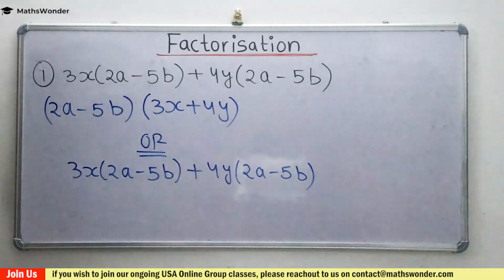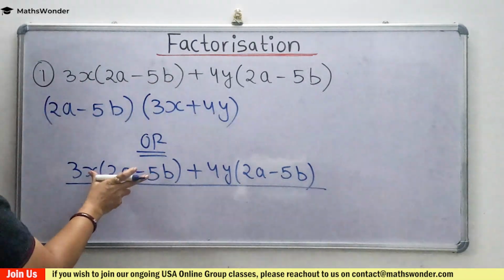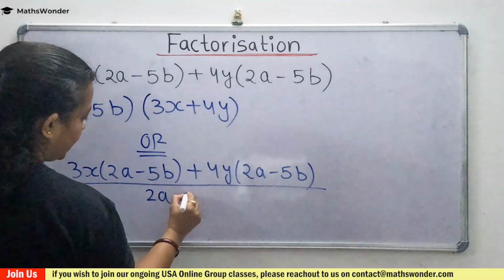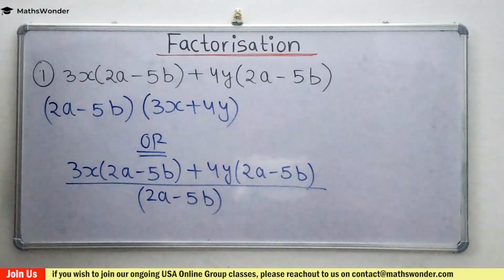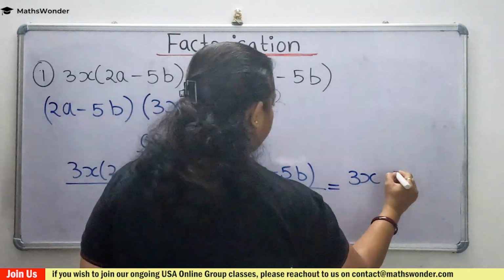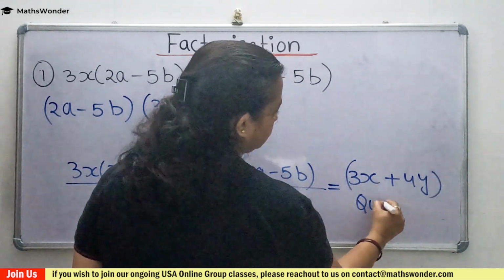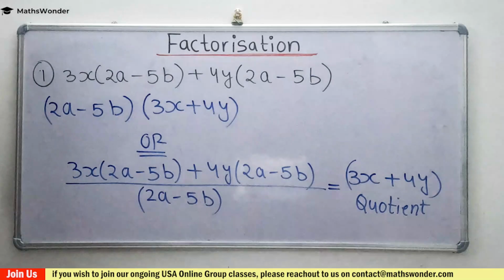So what is the common thing? 2a minus 5b you can see on this side, 2a minus 5b you can see on the other side. So you can divide by 2a minus 5b. So what will be the quotient? The remaining one, which is 3x plus 4y. This is your quotient.